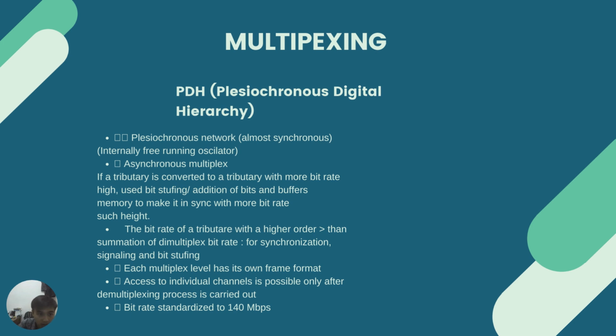If a tributary is converted to a tributary with a higher bit rate, it uses bit stuffing, and additional bits are added to make it synchronized with the higher bit rate. The bit rate of the higher-order tributary is more than a summation of the multiplexed bit rates, because of the synchronization signals and bit stuffing.